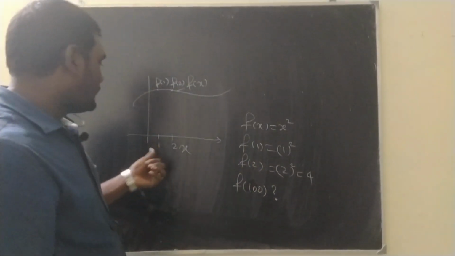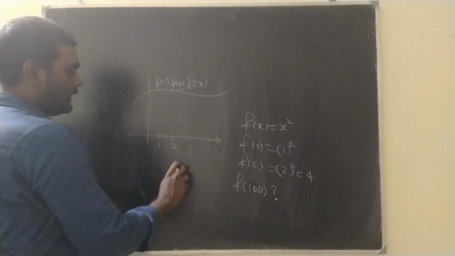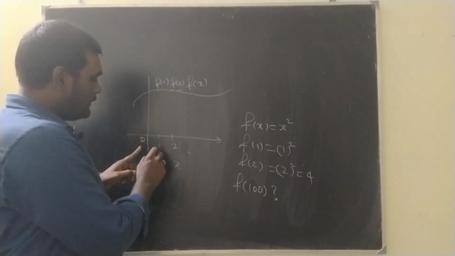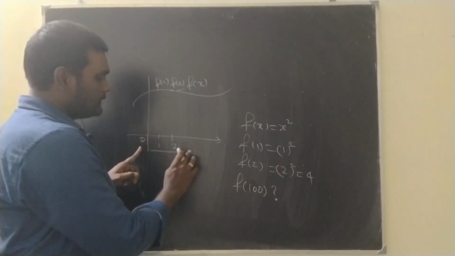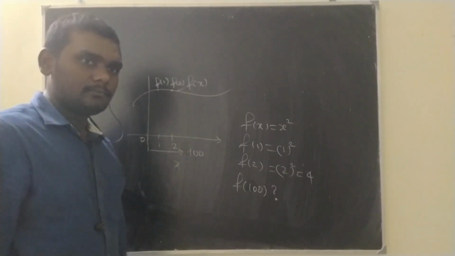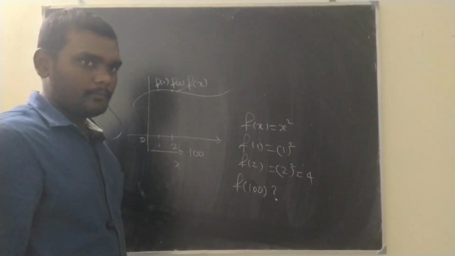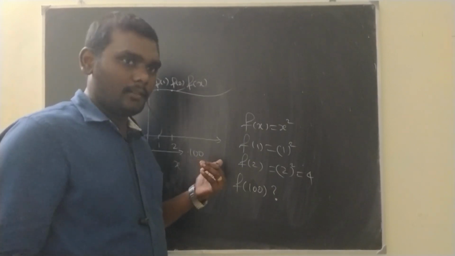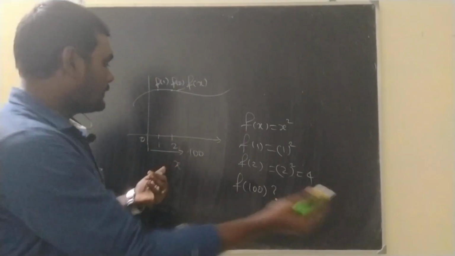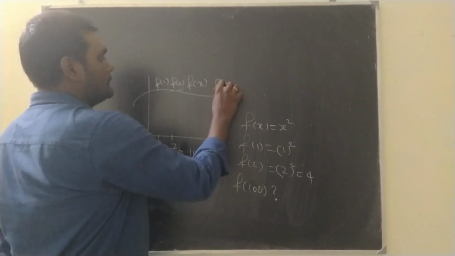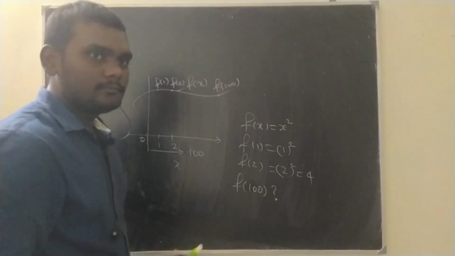This x value starts from 0 and tends to 100, which means it is moving forward to 100. Still we don't know what f of 100 is. Where shall we spot f of 100? Somewhere here it will come. This is f of 100.